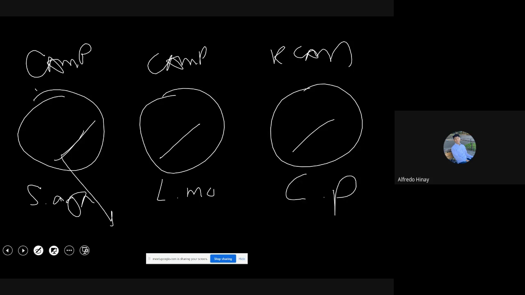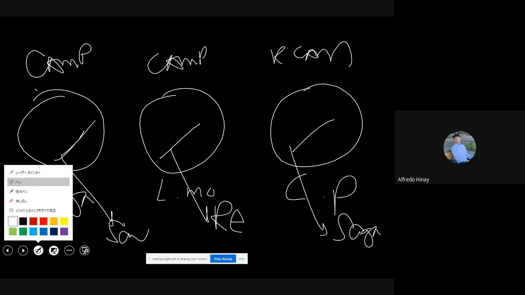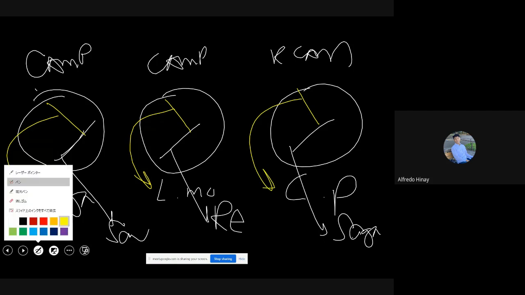Then this one is your S. aureus. This one is your Rhodococcus equi. This one is S. aga. So this one is your organism S. aga. This one is Listeria monocytogenes. This one is Clostridium perfringens.